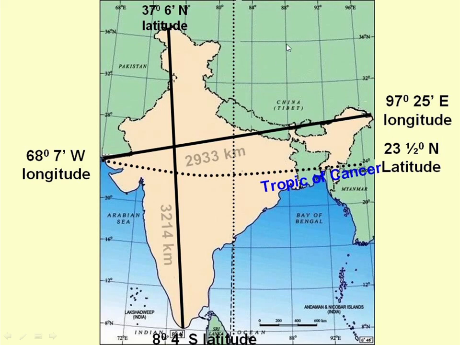If you do the calculation, you will get this answer. 82.5 into 4 means 330 minutes. 1 hour means 60 minutes, 2 hours means 120 minutes, 3 hours means 180 minutes, 4 hours means 240 minutes, 5 hours means 300 minutes. So 330 minutes means we are 5.5 hours ahead of Greenwich Meridian time. So our IST is 5.5 hours ahead of GMT.